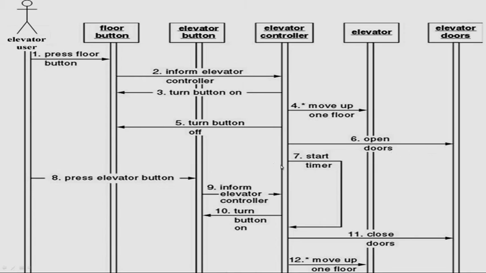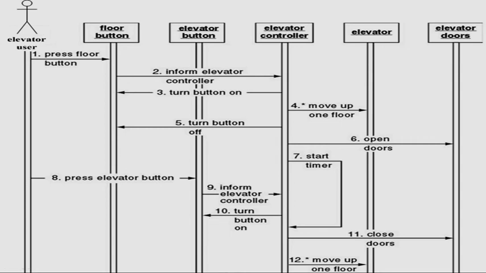And then there is a period of the timer, start timer until it ends. So you see that this is a condition. Under such a condition, if the elevator user presses some elevator button, the elevator button will inform the elevator controller, and in turn, the elevator controller sends a message back to the elevator button to turn itself on.